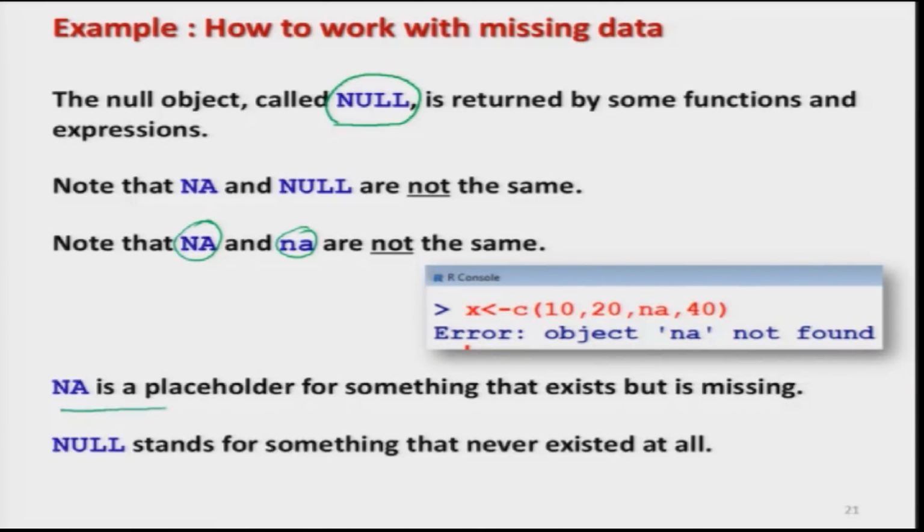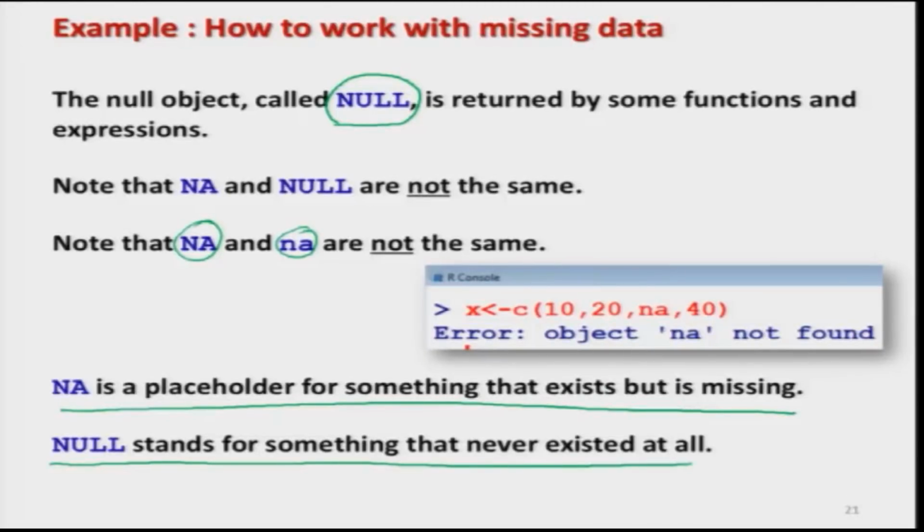NA is a placeholder. Placeholder means, yes, inside the class a student has been assigned a seat, but the student is absent today. It does not mean that the student does not exist. So, in this case the student is missing, so that is going to be given by NA, not available at that point.